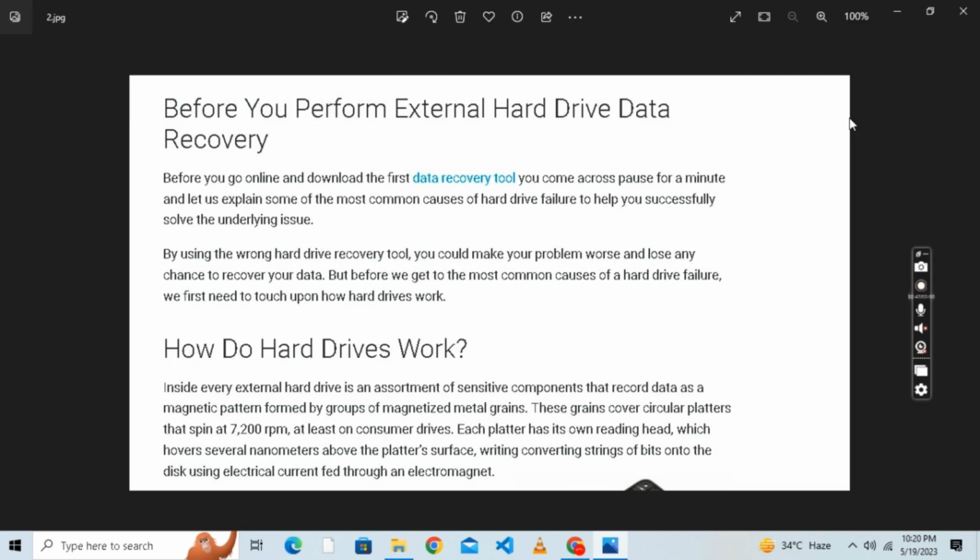By using the wrong hard drive recovery tool, you could make your problem worse and lose any chance to recover your data.